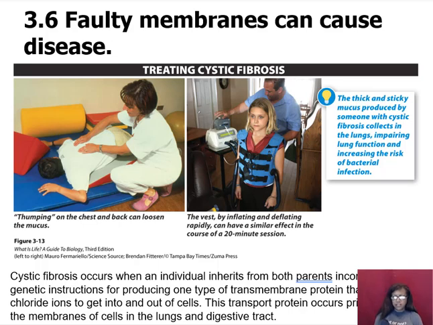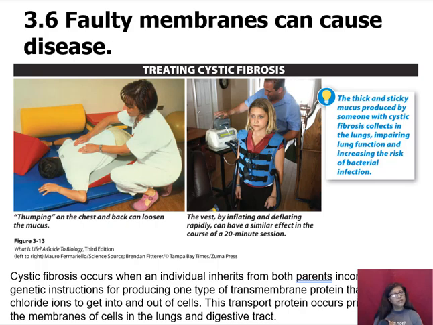So here we have the disease called cystic fibrosis, and this occurs when an individual inherits from both parents incorrect genetic instructions for producing one type of transmembrane protein that allows chloride ions to get into and out of the cell.